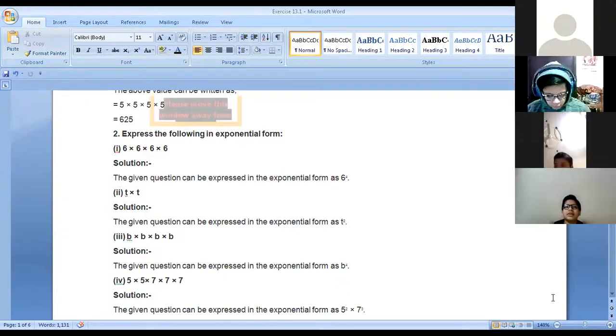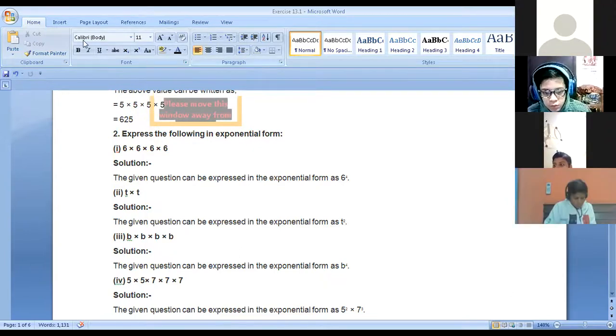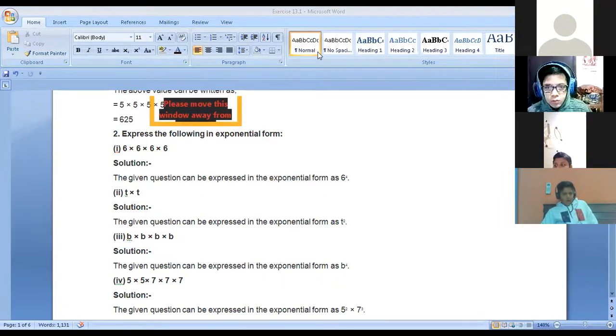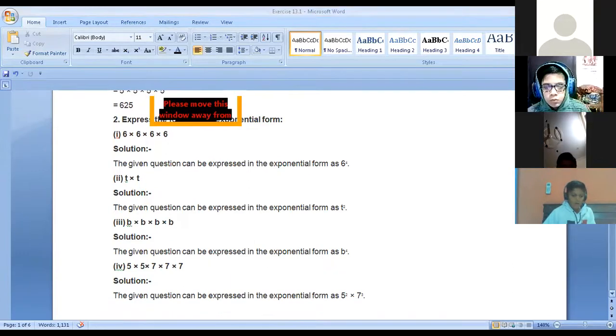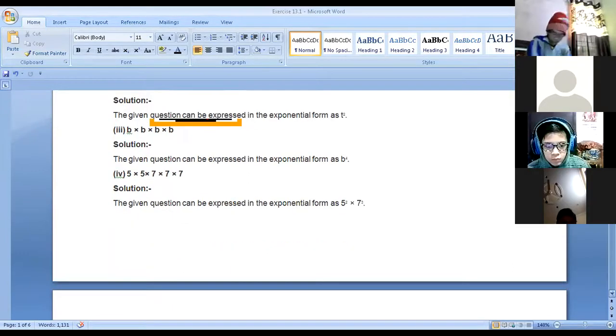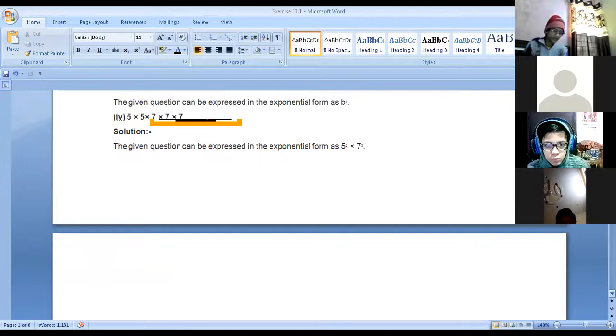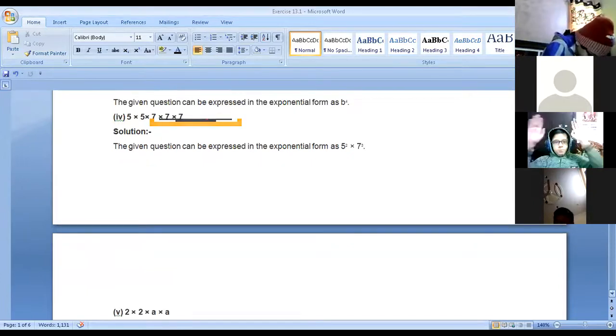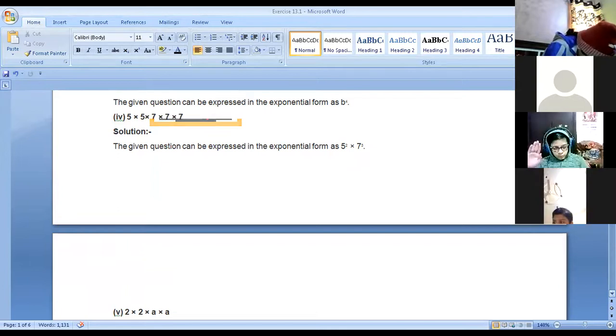Tell me the next one. Please scroll up. You don't have your book with you? 2 square multiply a square.